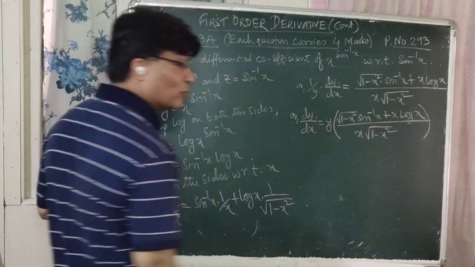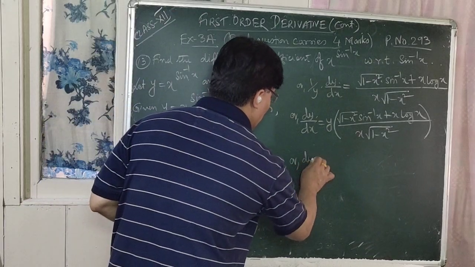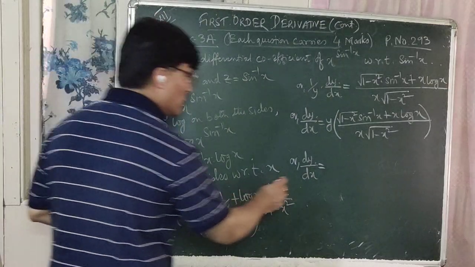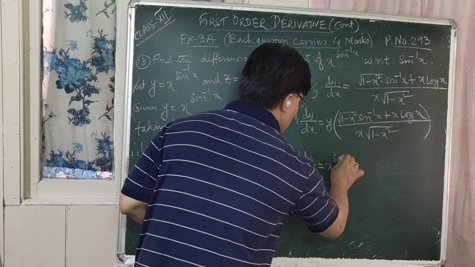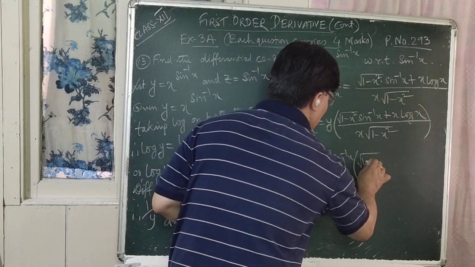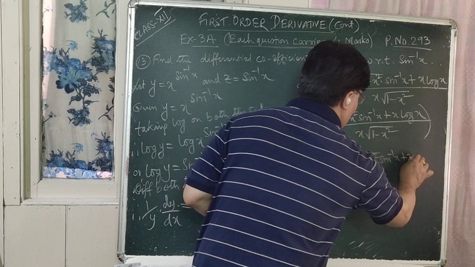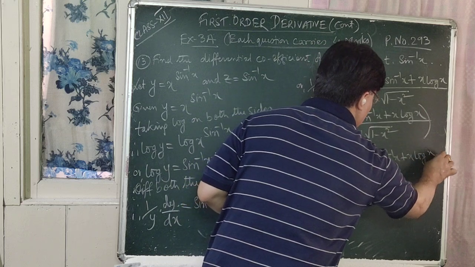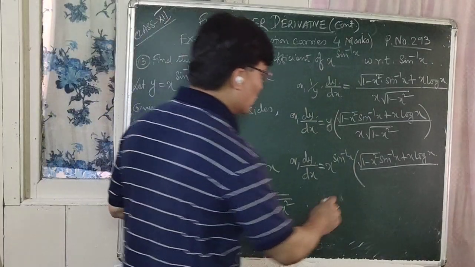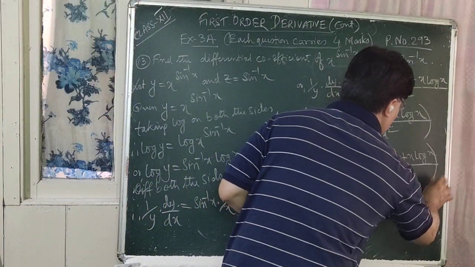Now on the right hand side only you put the value for y. Or dy by dx is equal to x to the power sine inverse x within bracket root over 1 minus x square sine inverse x plus x log x. This whole divided by x root over 1 minus x square.